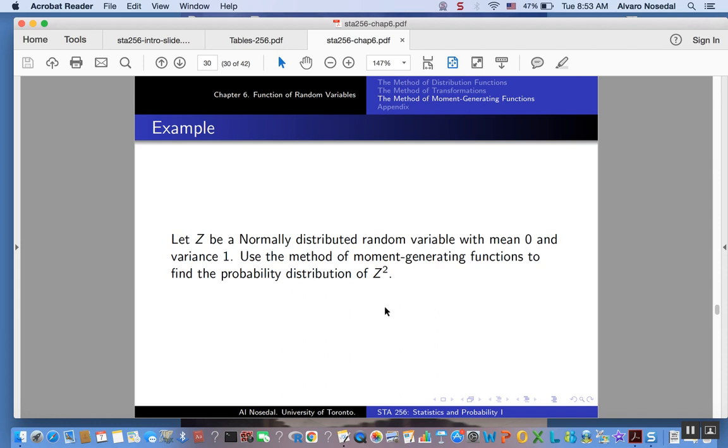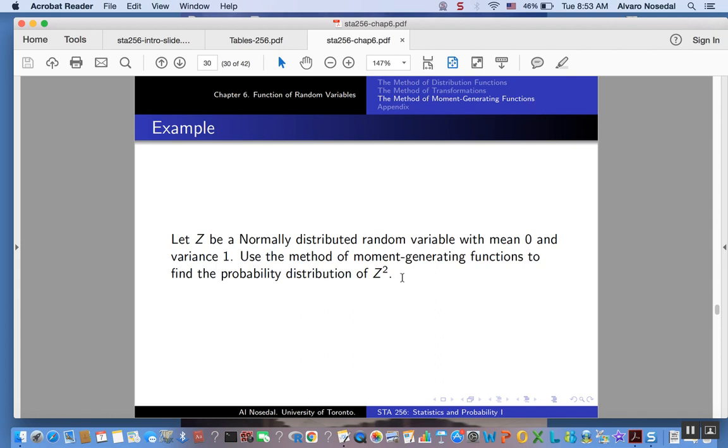In my opinion, the method of MGFs is the fastest method of the three that we have discussed: method of distribution functions, method of transformations, the method of moment generating functions. This one, in my opinion, is the fastest, but there's a disadvantage to it.